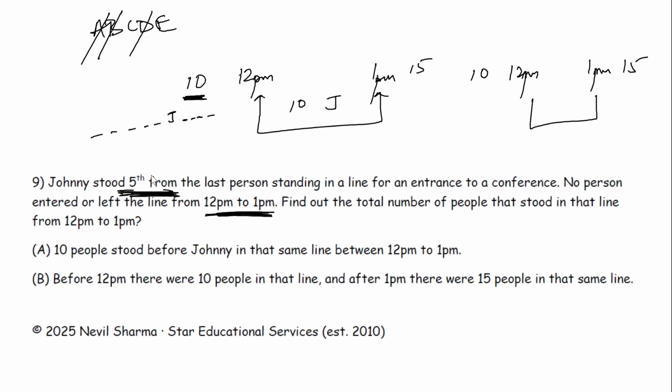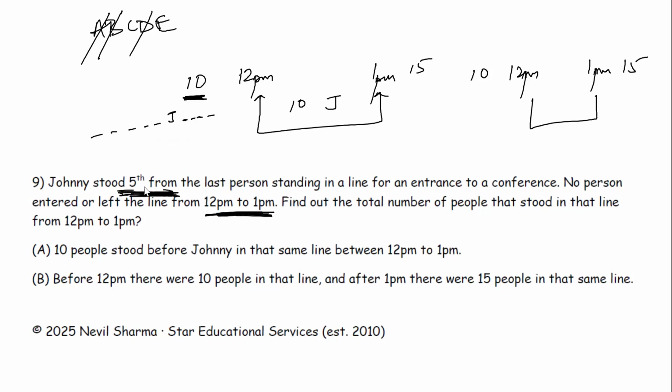Okay, correct. But taking this situation, Johnny fifth from the last, and before 12 p.m., there are 5 people in front of him. If we take fifth from the last before 12 p.m., then as time goes on, people should enter the conference and therefore people before Johnny should be reducing.